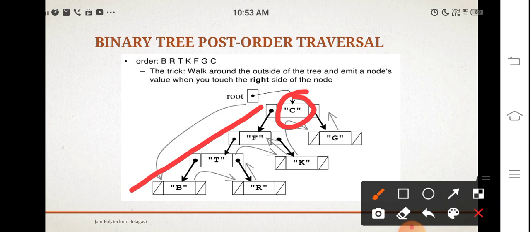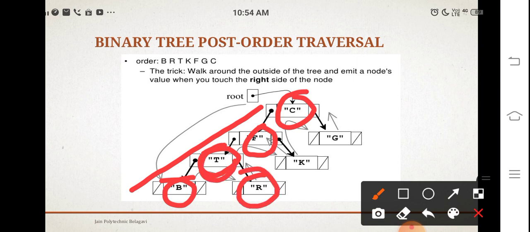Again F acts as a root for T and K, and T acts as a root for B and R, right? So T's left is B, we are processing first, then T's right is R, we are processing, then the root node we process.